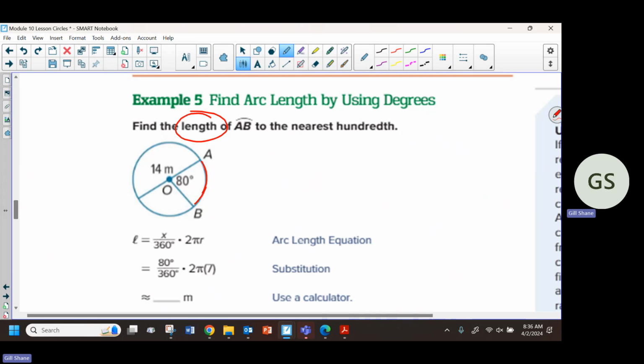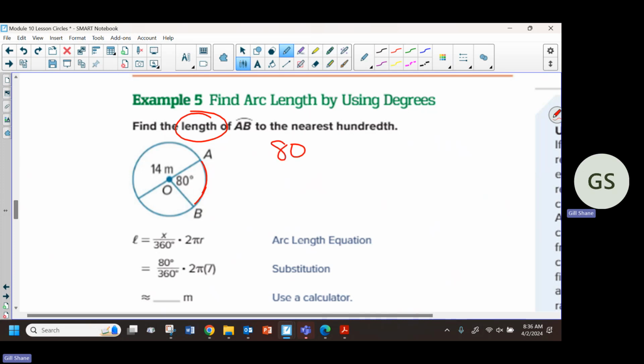We know 90 is 25%, right? That's our go-to. And 180 we know is half, 50%. So those are our two go-tos. 90 is 25%, 180 is 50%. So if I'm at 80, I'm just below 25%, so anywhere in that 20 to 23 range as far as being a percentage of the circle.